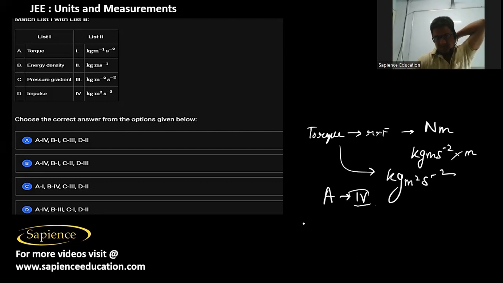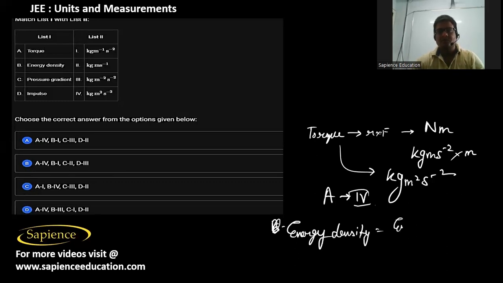Then B is the energy density. Energy density means energy per unit volume, energy by volume. So energy SI unit is joule. Joule per meter cube.